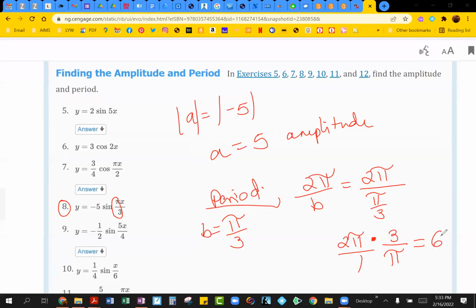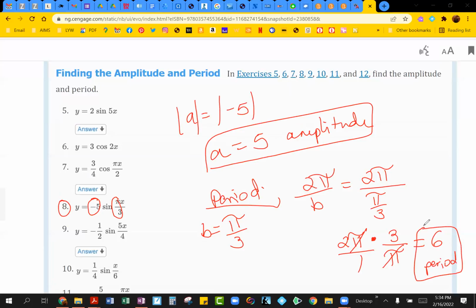Your period will come out to be 6 because pi will cancel out. You end up multiplying 2 times 3 and you will end up getting 6 as your period. So just be very careful. For the amplitude, you have to do the absolute value, which means you end up looking at +5 for the amplitude. And then for the period, 2 pi divided by B will give you the period for your function.